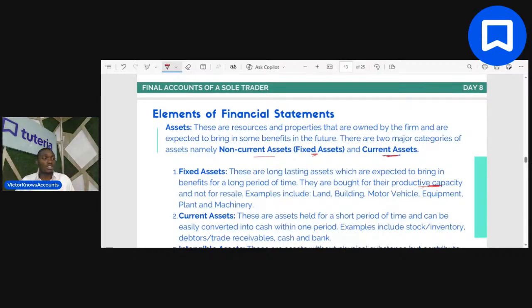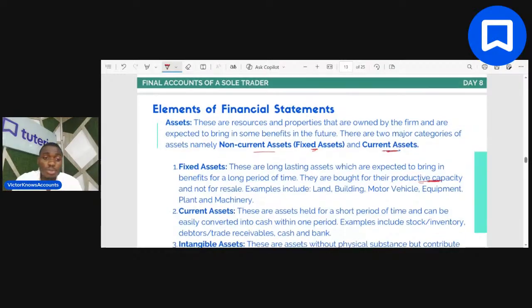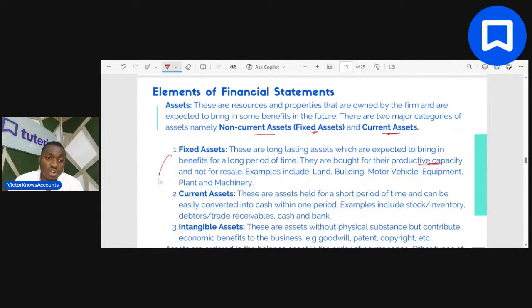Maybe for the CEO, for a manager in the firm to use to run errands within the organization, or to be used to transport staff when they are going for business meetings, business trips, and all of that. It is a fixed asset to them, even though the business is into the business of selling cars.